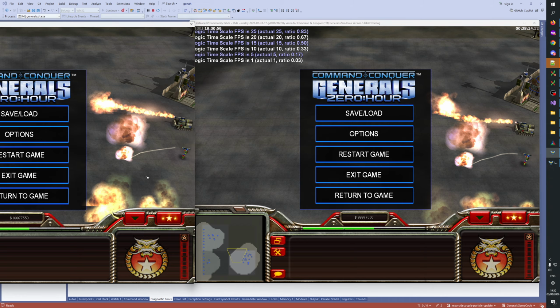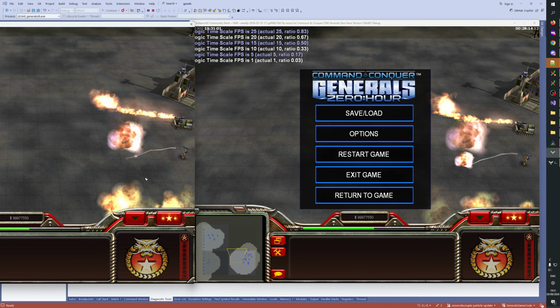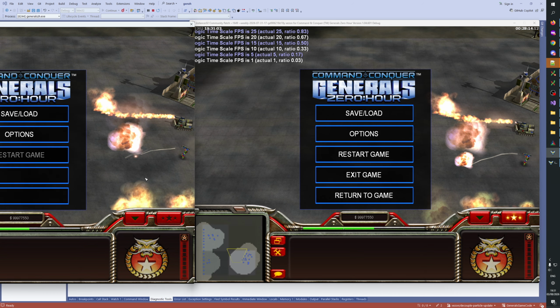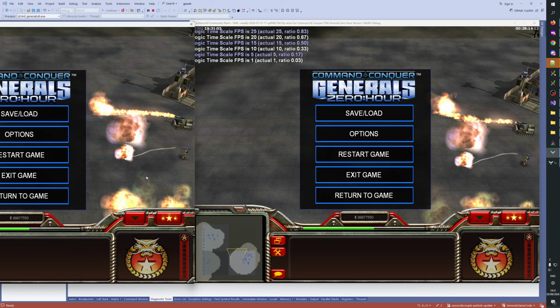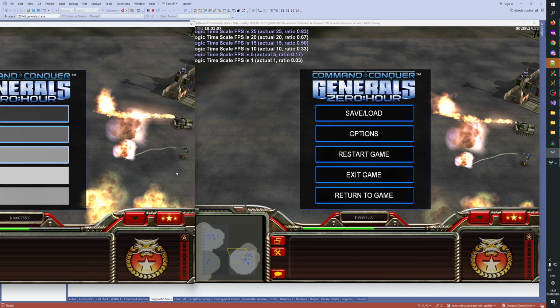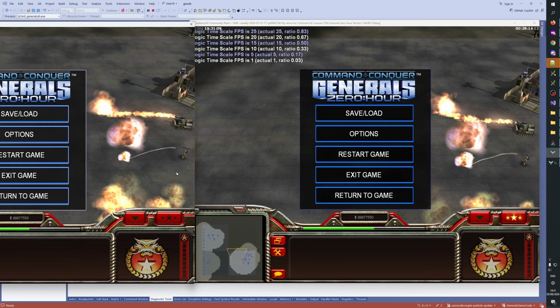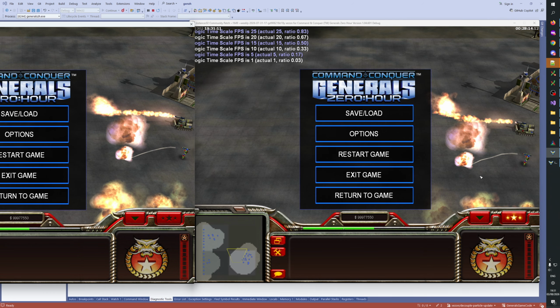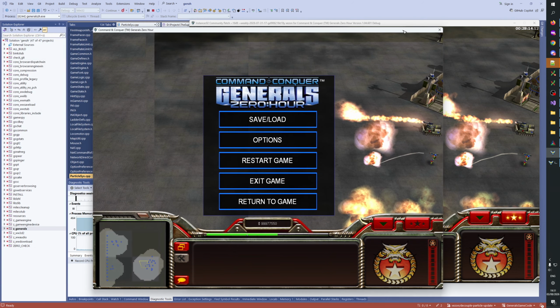Is the camera zoom level correct? Yeah, the camera zoom is correct. So I think the perspective is pretty much the same. Let's move this closer.